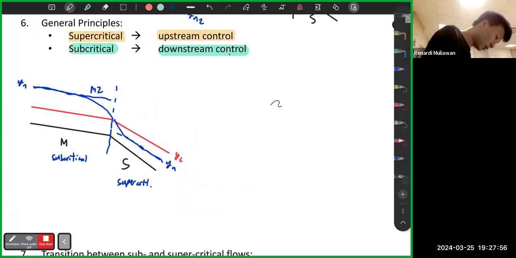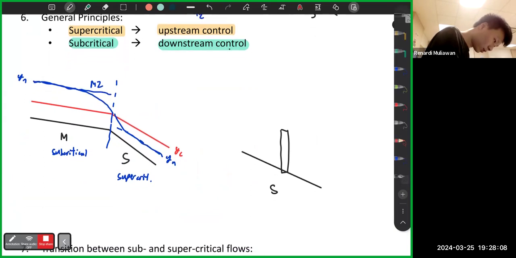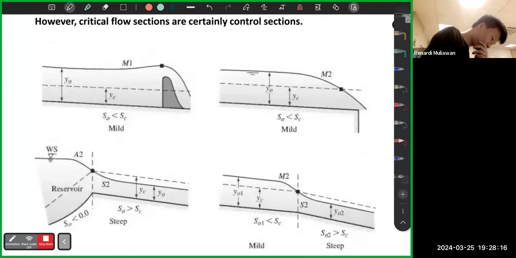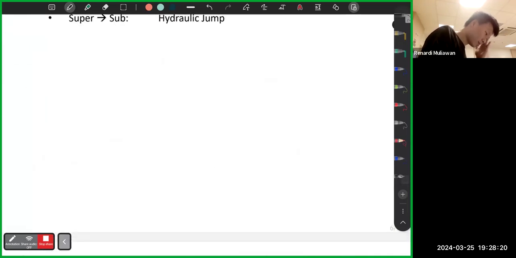So that's one example. I'll give you another example. Let's say you have a sluice gate now, something like this. Let's say this is a steep slope. Let me check first. Okay, here's a good example.